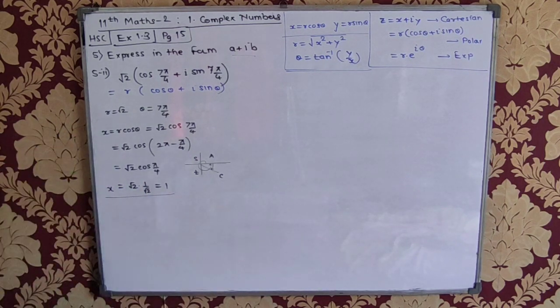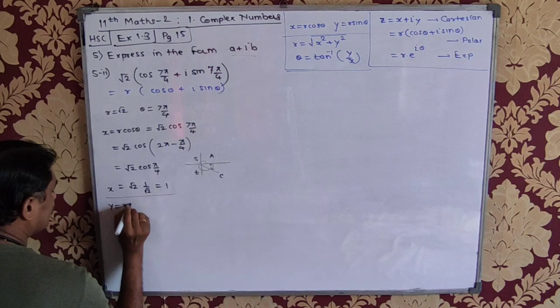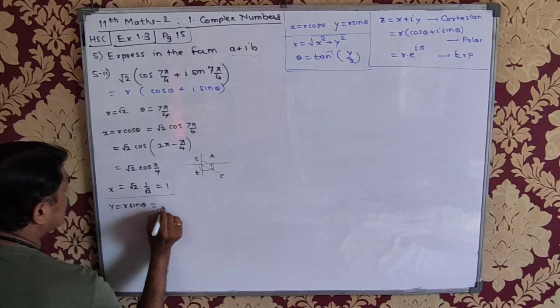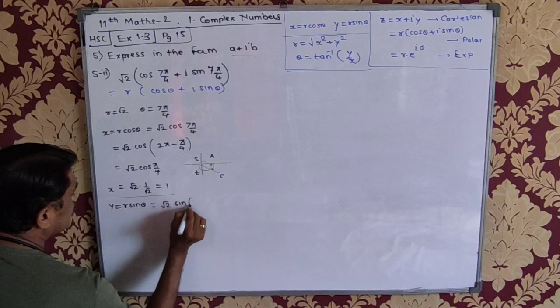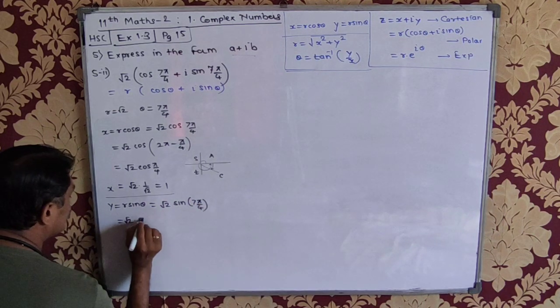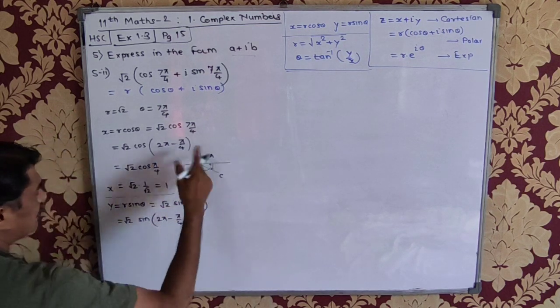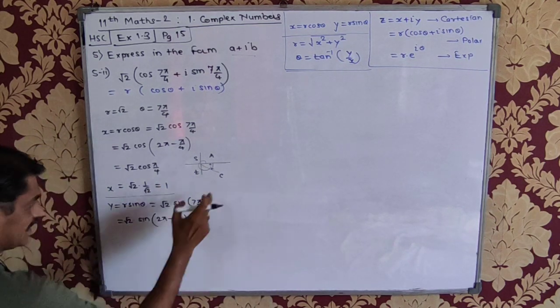How do I find y? y is equal to r sin theta, root 2 sine of 7 pi by 4. That is equal to root 2 into sine of 2 pi minus pi by 4. Sine of 2 pi minus theta is minus sin theta.